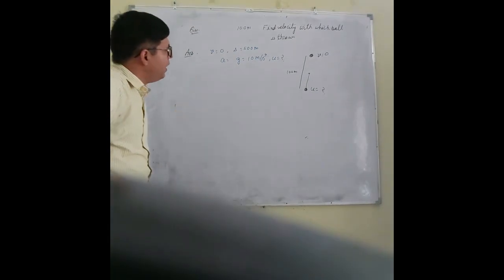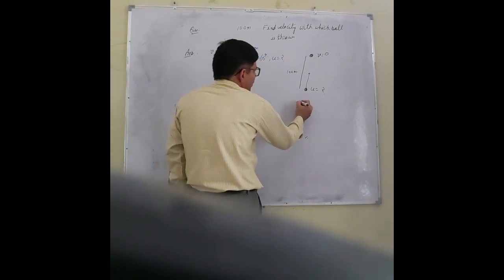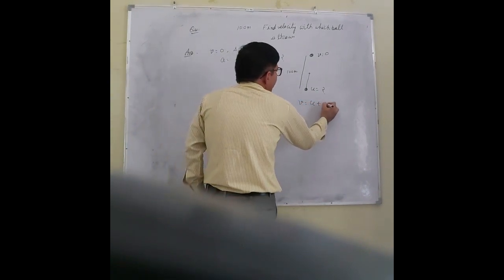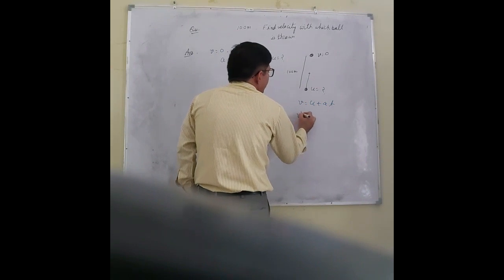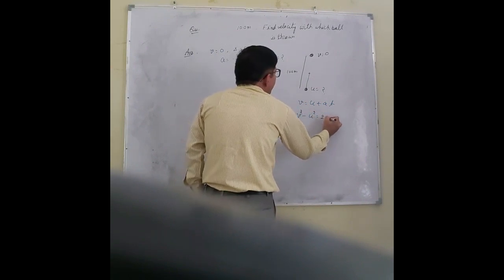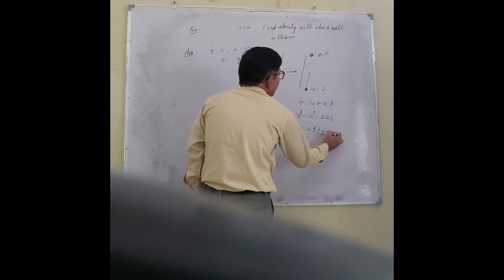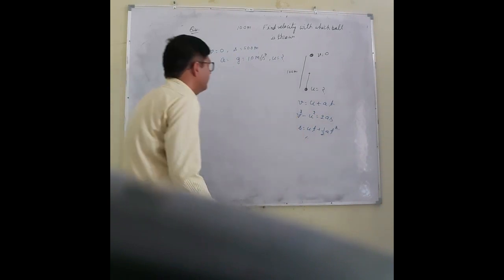Now, what formula will I use? Here again, V, S, A, U are given. So, use V equals U plus AT, V square minus U square equals 2AS, S equals UT plus half of AT square. These are the formulas.